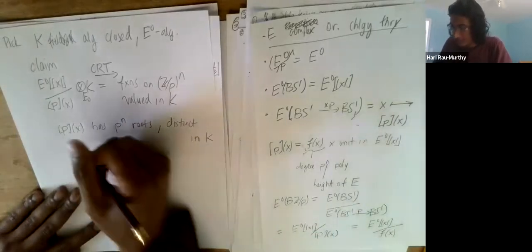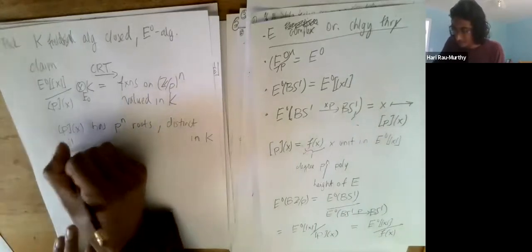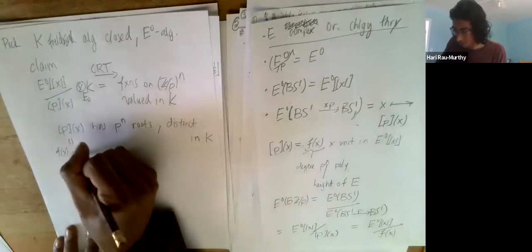Now it has P to the N roots because this is equal to f of X times a unit.